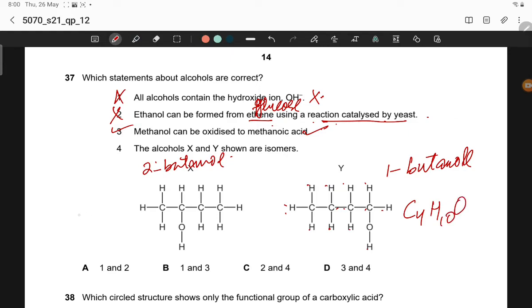And in both compounds the molecular formula is the same, and the structural formula is different, so X and Y are isomers of each other. 3 and 4 are correct. D option is correct.